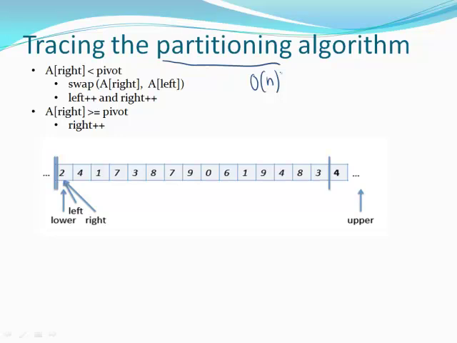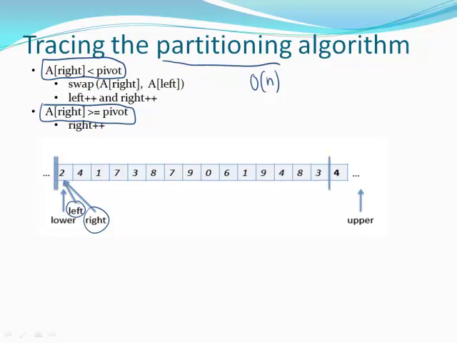The basic idea is that you maintain two pointers, right and left, and initially they are both pointing to the same element, the first element or the lower element, and the only time you swap is if your right happens to be less than the pivot. If the right happens to be less than the pivot, perhaps we should do a swap to bring the right to the correct place.